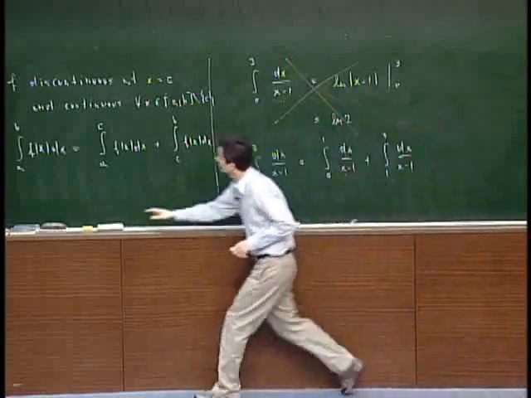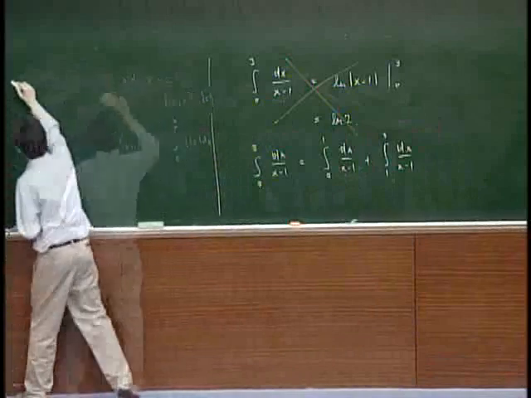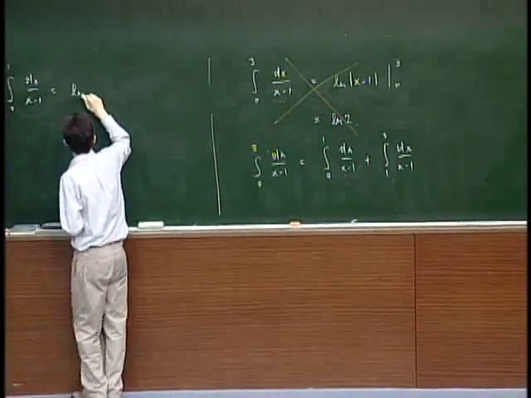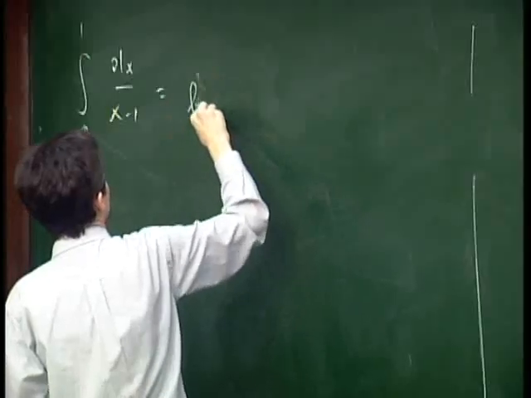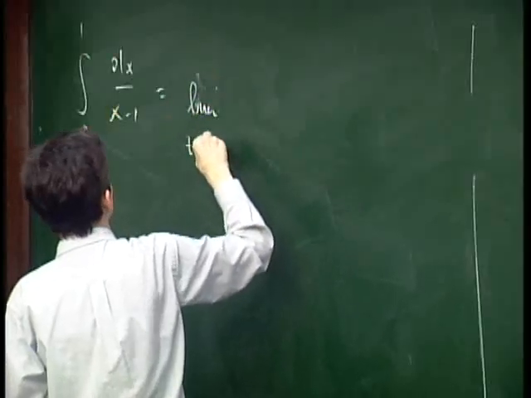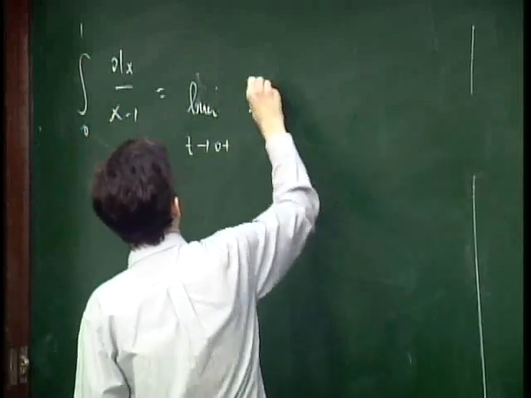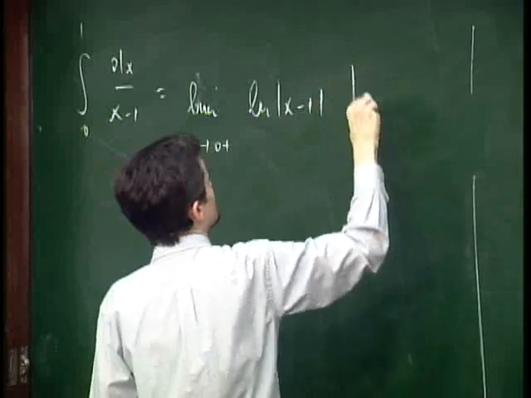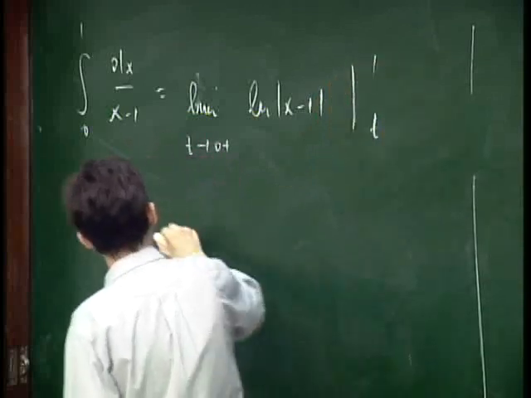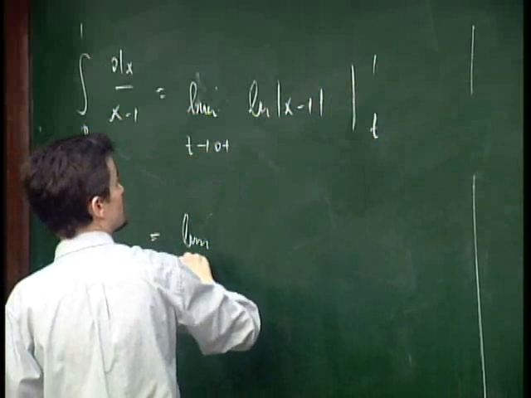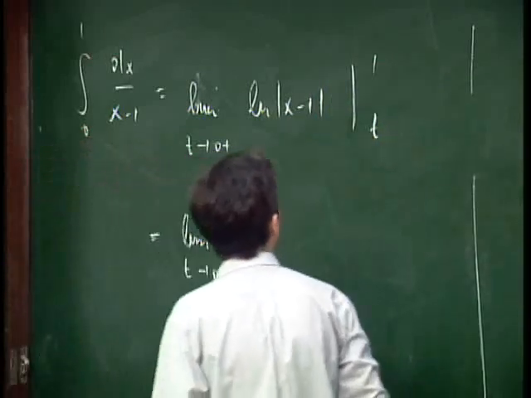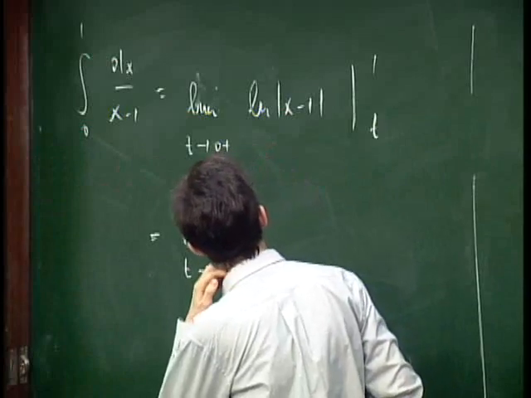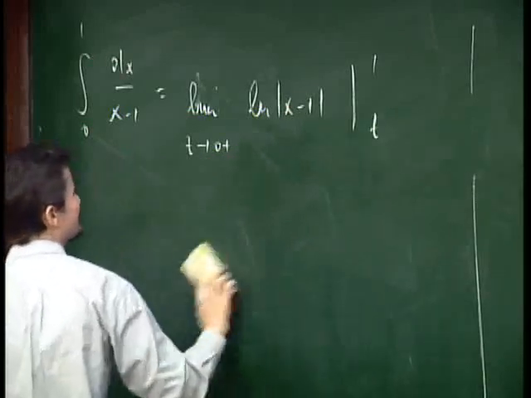For instance, if you now apply the limit, the limit as t tends to 0 from the right of ln of the absolute value of x minus 1 evaluated at t and 1. So you see that this is the limit as t tends to 0 from the right. Now for the upper, this is the wrong one. Sorry.